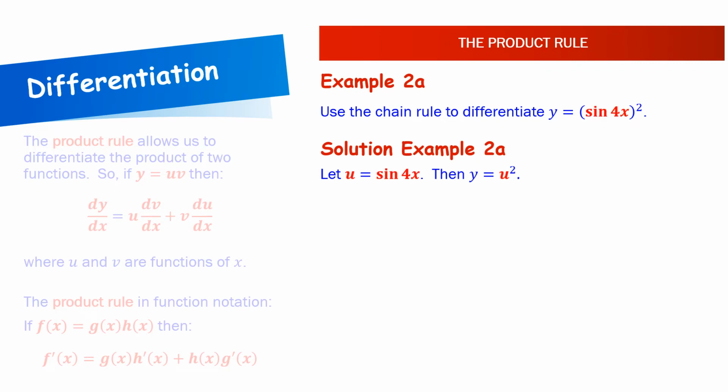We're going to begin by letting u equal sine 4x. This implies that y equals u squared. So we have that du dx equals 4 cos 4x and dy du equals 2u.